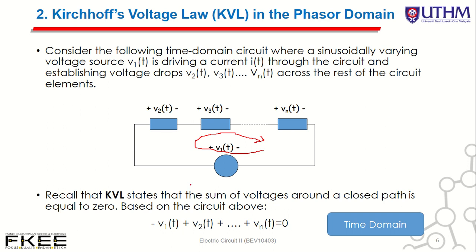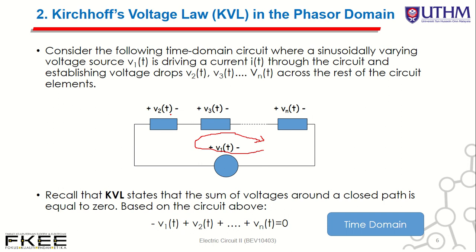First we meet a negative, so minus V1(t), and then we meet plus, plus V2, and then plus V3 and plus Vn equal to 0.